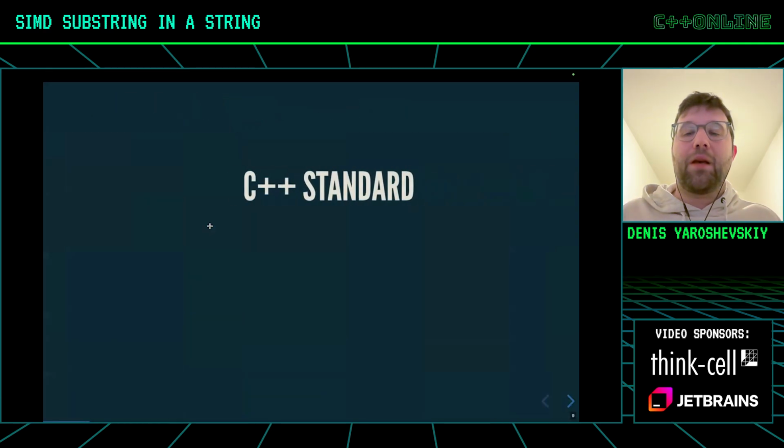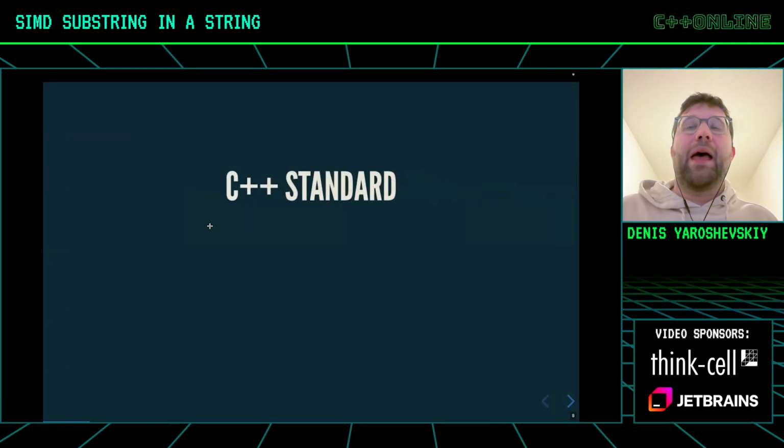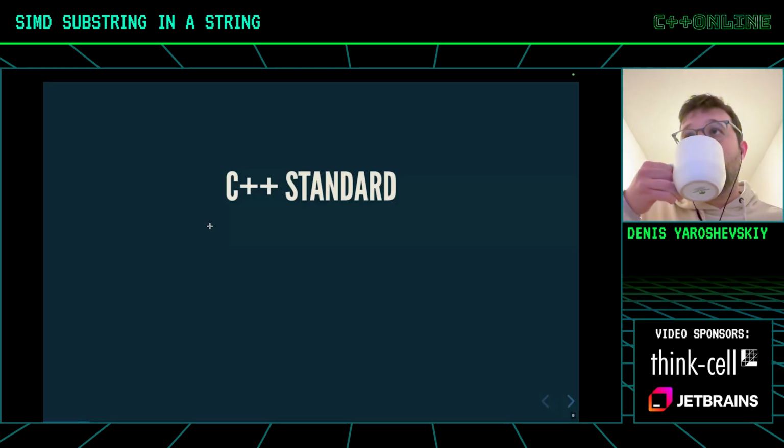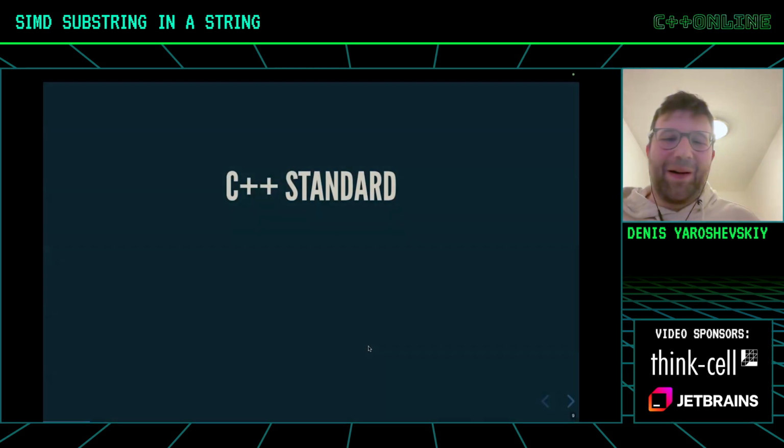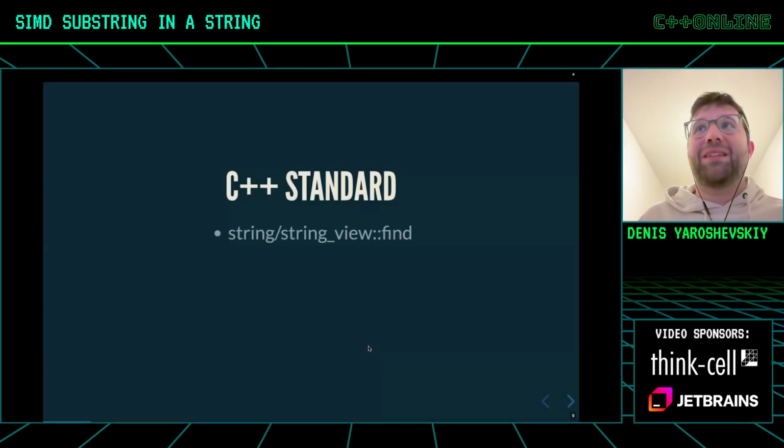All right. So let's have a look at what we can do. And so how does the C++ standard solution for finding a substring in a string perform against these examples? Anybody knows how you can find a substring in a string in standard C++? All right. So there is a method on string and string view, first of all.